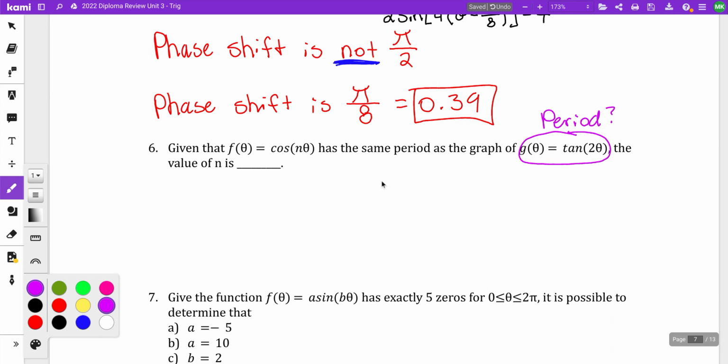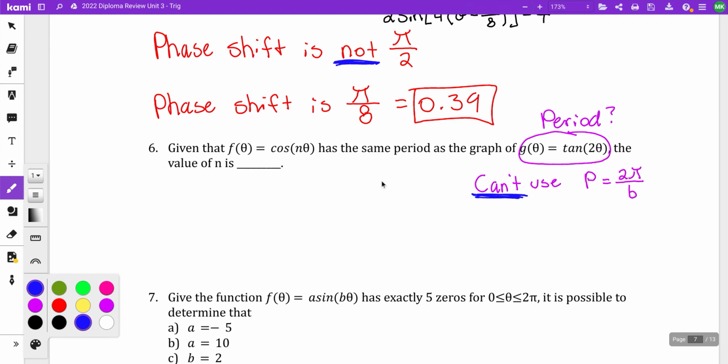For this question, we can't use our formula period equals 2 pi over b. That doesn't work. That formula is for sine and cos graphs. It's not for tangent.